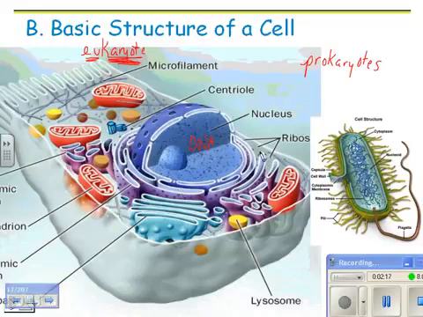There are ribosomes, these little dots, and if they're on this endoplasmic reticulum, we call it the rough ER. If there's no ribosomes, we call it a smooth ER. There's a lysosome. It helps to break down stuff in your cell that needs to be broken down, like maybe bacterial cells that got in. Here's the Golgi body or the Golgi apparatus. Mitochondrion, my favorite organelle. You'll find out why soon.